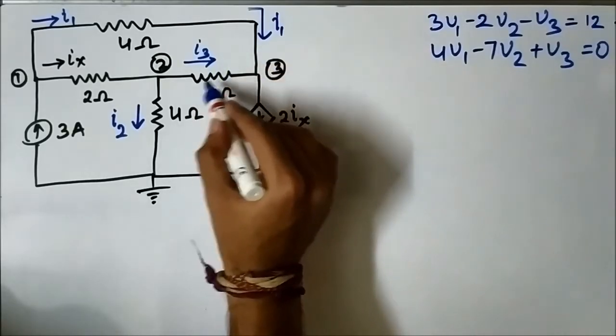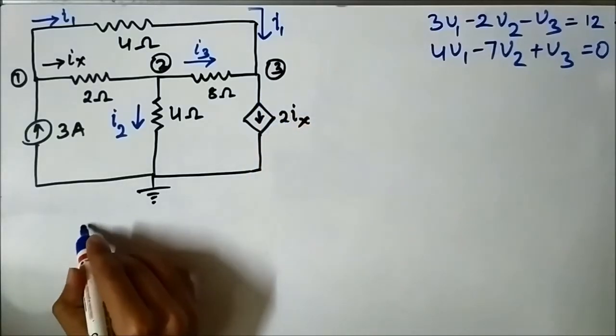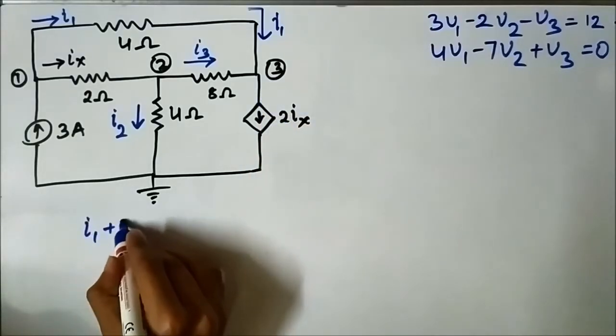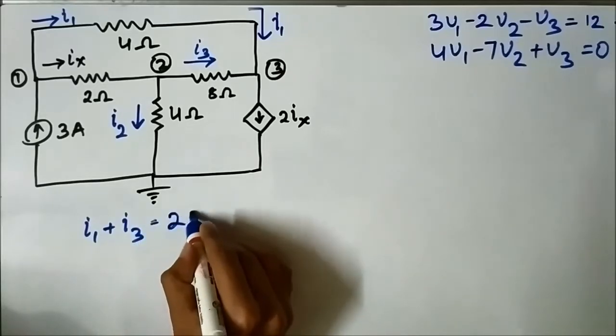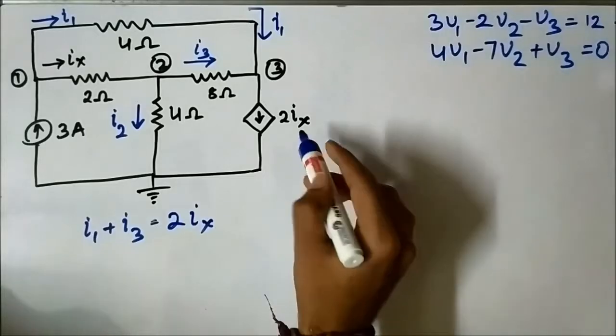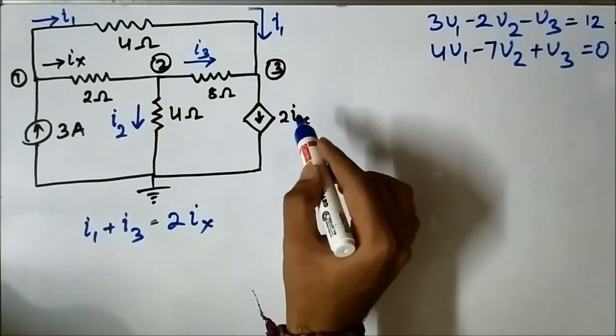So it becomes I1 plus I3 is equal to 2Ix.